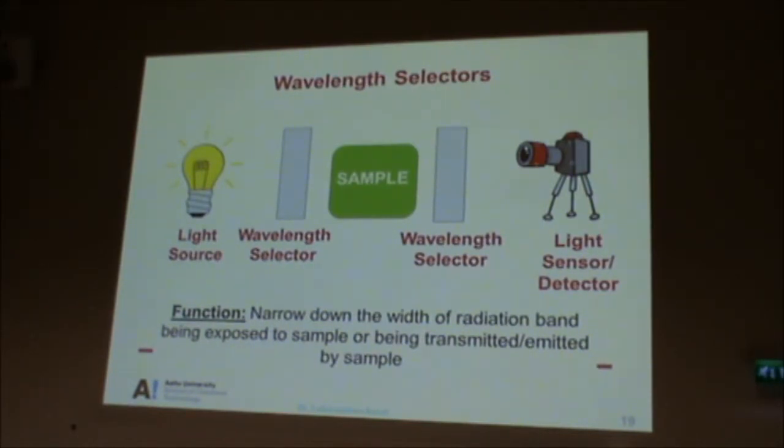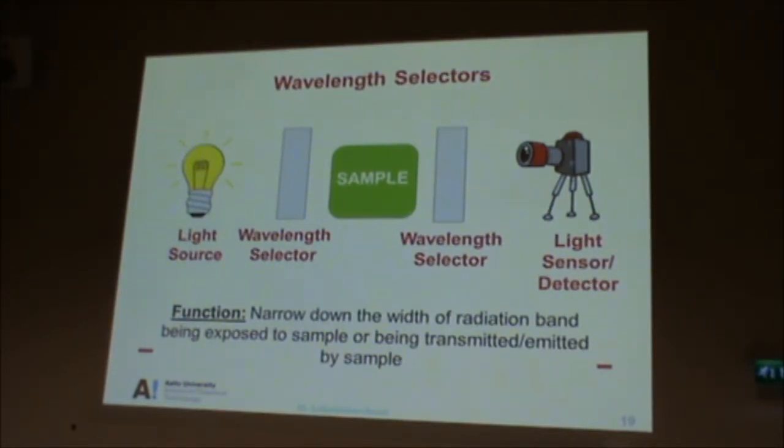Let's say you are measuring the absorption from 1000 nanometers to 200 nanometers. The way it's done is you send one wavelength at a time, and then you measure the absorption. And so the wavelength selector's role is to filter out everything that is not required and send through to the sample exactly the wavelength that is needed.